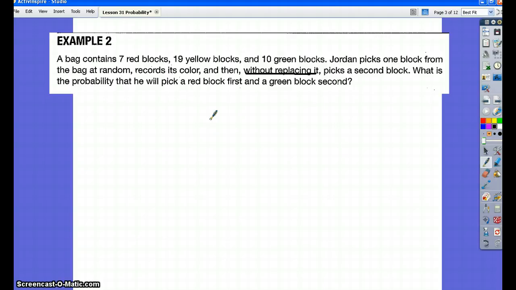So I think the first thing that we want to do is add up the total number of blocks. So we have 7 red blocks. So 7 plus 19 plus 10 equals 36.